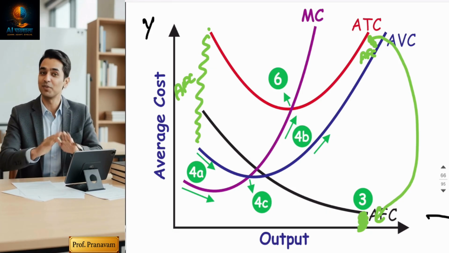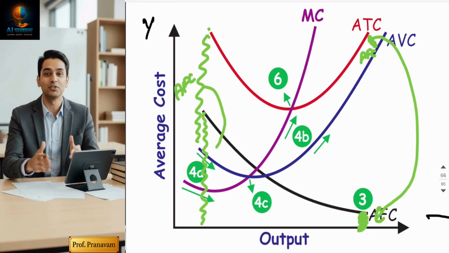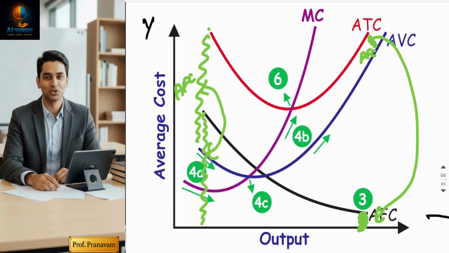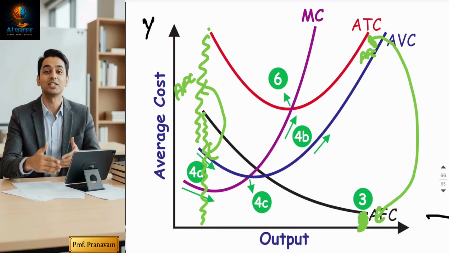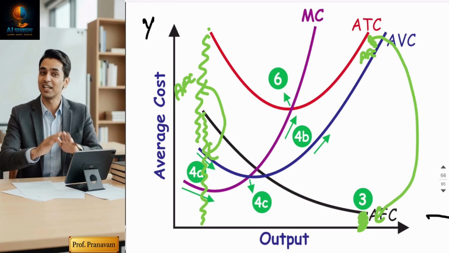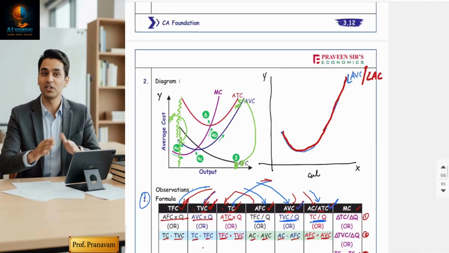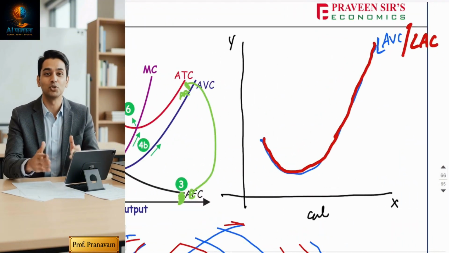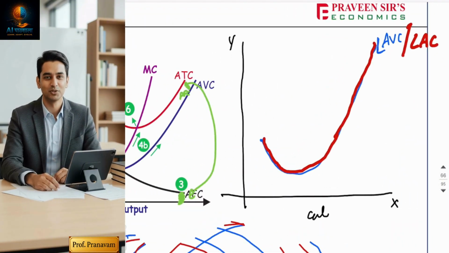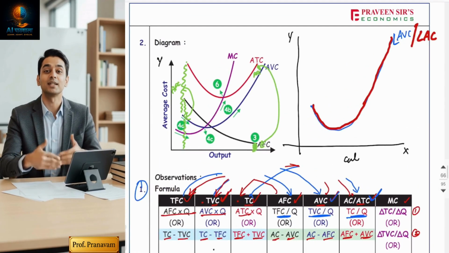On the left hand side the gap is greater because my average fixed cost is also greater. As AFC slopes downward, the gap reduces. But in the long run, there is no gap, so both curves merge.